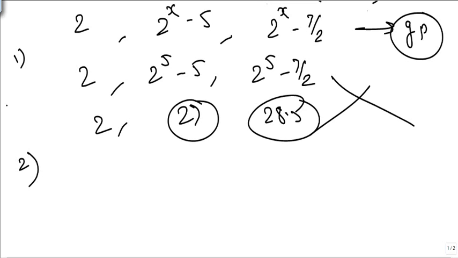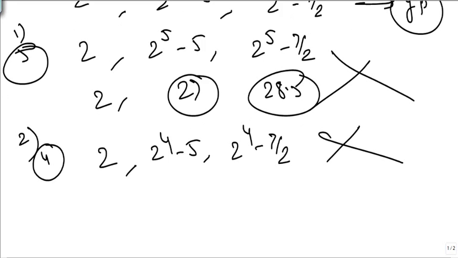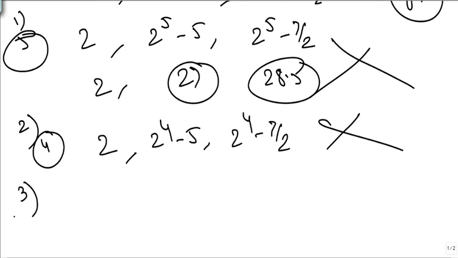I tried answer option 1, which is 5. Now let's say I try answer option 2, which is 4. So what do I get? 2 raised to 4 minus 5 and 2 raised to 4 minus 7 by 2. These values do not come in a GP.